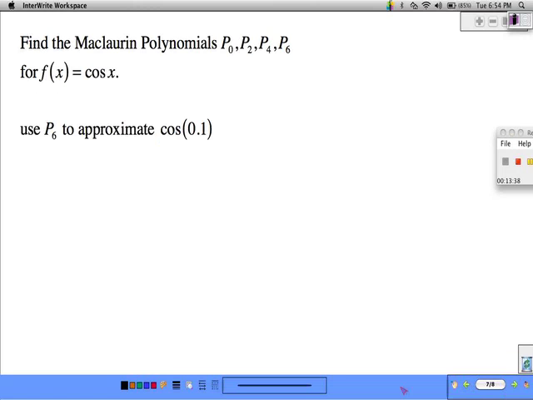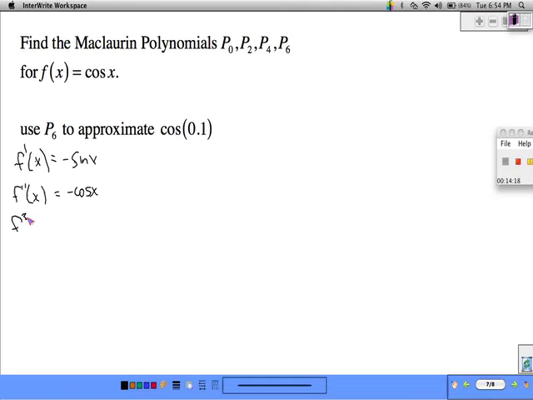Now I want to find the Maclaurin polynomials 0, 2, 4, and 6 for cosine of x, and then I want to use the 6th Maclaurin polynomial to approximate the cosine of 0.1. So I'm going to need to find derivatives. Second derivative would be negative cosine x.